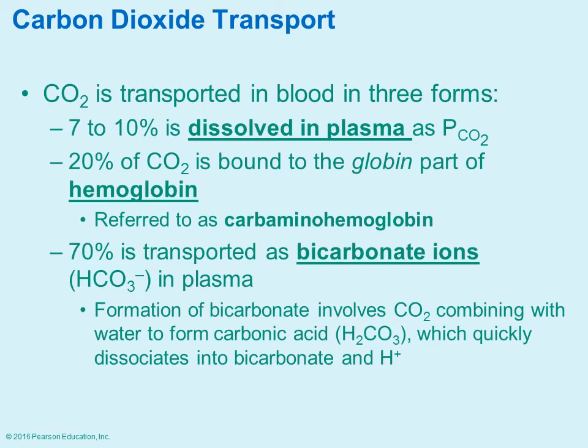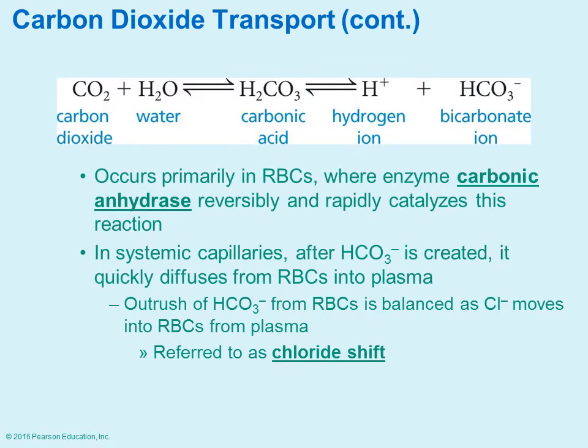Carbon dioxide can be transported in a couple of different forms. Some of it's dissolved in the plasma. Some of it will bind to the hemoglobin, but the majority of it is transported as bicarbonate ions. What's going to happen, as you can see in this reaction, you have carbon dioxide in the blood. It will bind to water, forming carbonic acid.